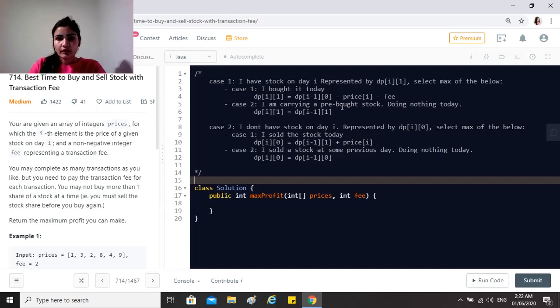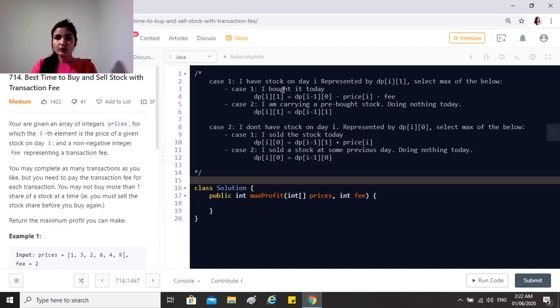So at any point on any day, we can have one of two states. Either I have a stock on that day, or I have no stocks on that day.